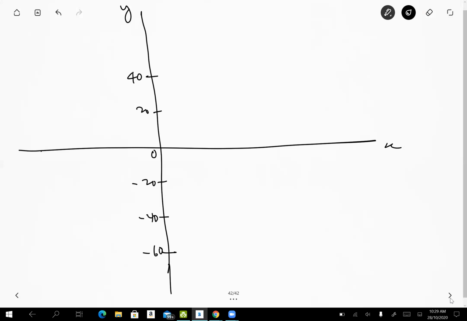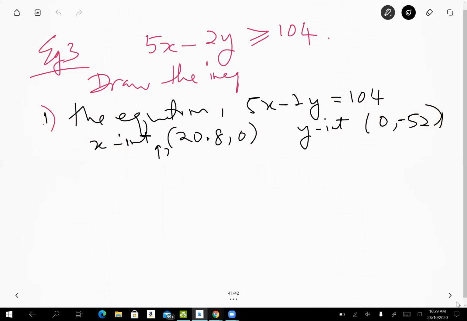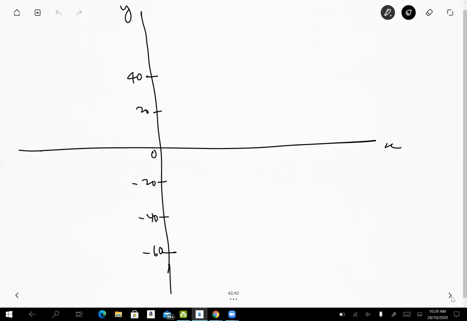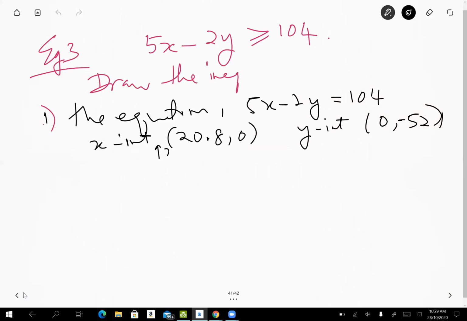Now for the X, let me see. Can we use 20 or 10? For the X, probably we can use 10. So we use 10 for the X, so it's 10, 20, 30. And here is negative 10. So we begin with the x-intercept and the y-intercept.